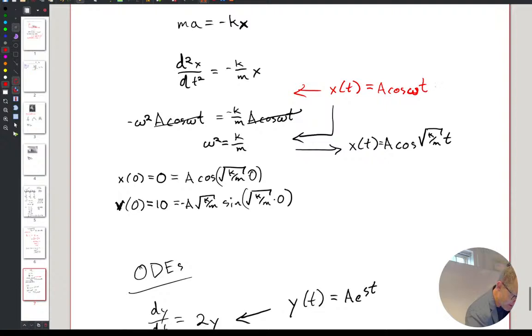Let's come back up here. When we first said, let's find that solution, what is the second derivative such that it's equal to some constant times itself, we picked cosine. What if we had picked sine? What would it change?